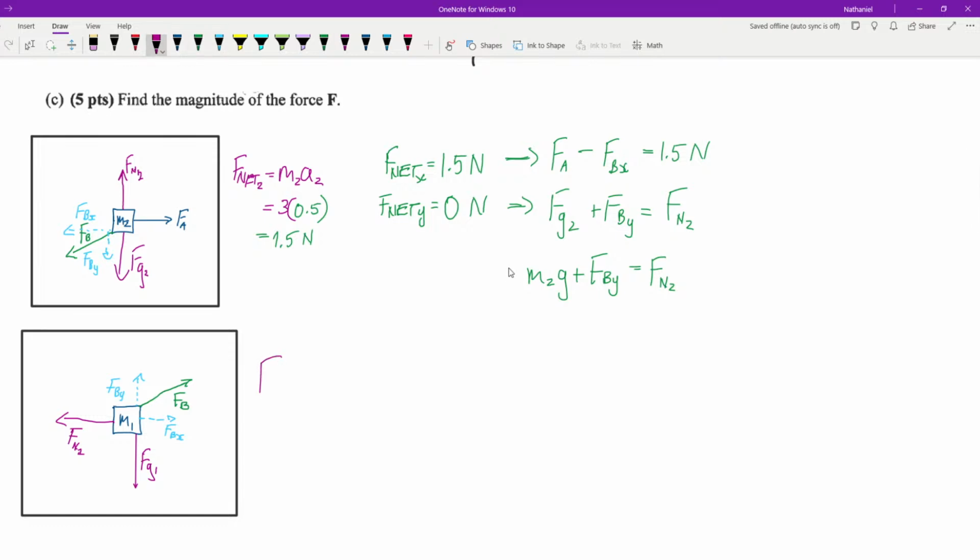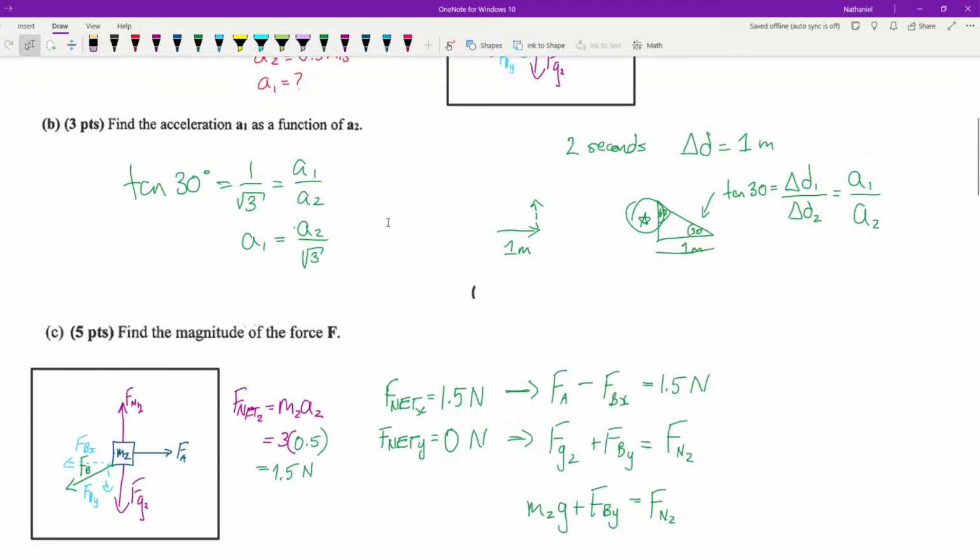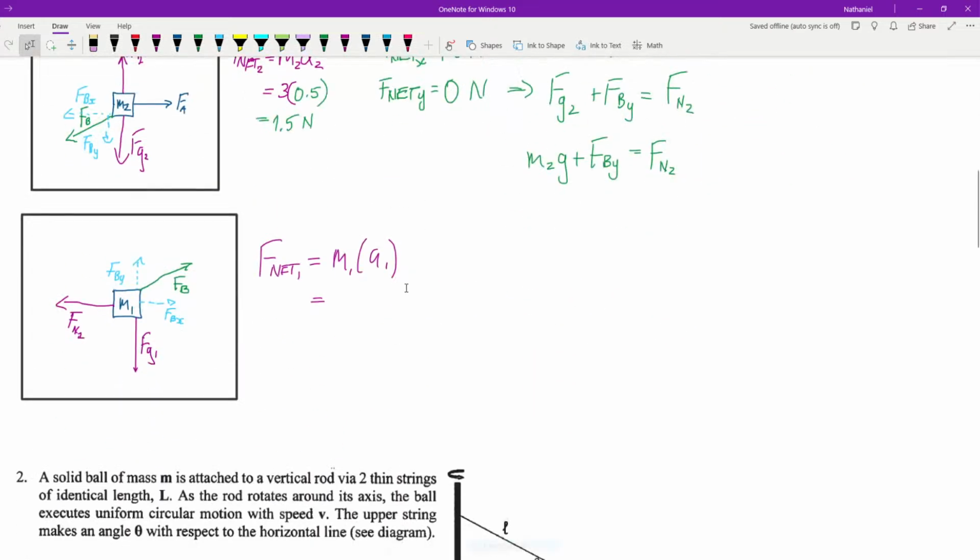So here we don't yet know the Fnet, but we can soon find out, because remember A1 is A2 over square root of 3. So this is 5 times 0.5 over the square root of 3. And so what do we get? What do we get?